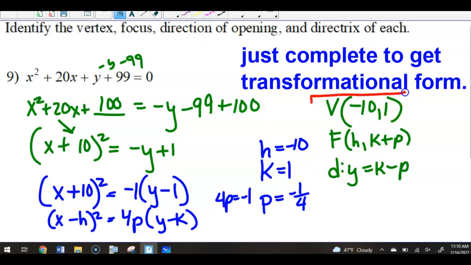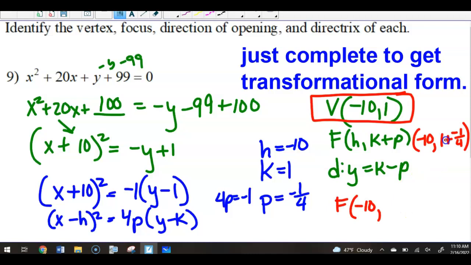So we got the vertex right here. For the focus, when I put in negative 10, comma 1 plus negative 1/4, that becomes negative 10, comma 3/4, or 0.75.